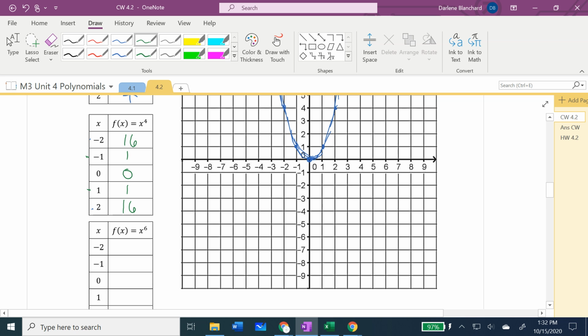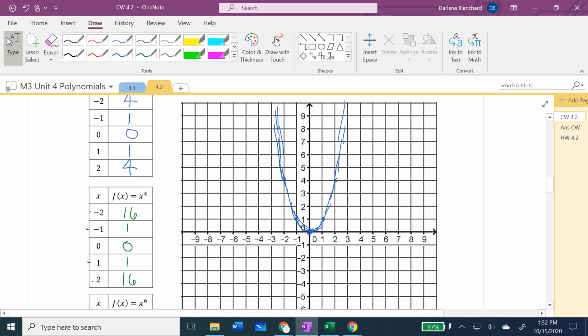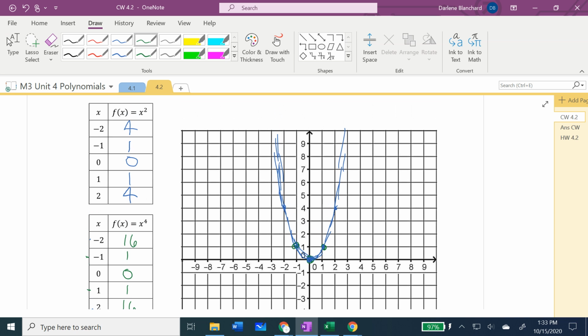Well, I'm not going to be able to plot all these points, am I? I'm going to plot, hey, look, they share points. But when I'm at -2, this graph is way up at 16.